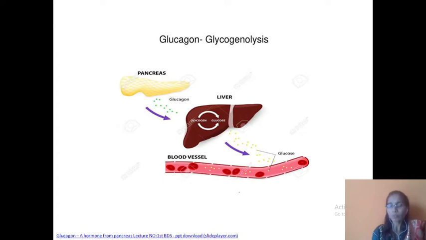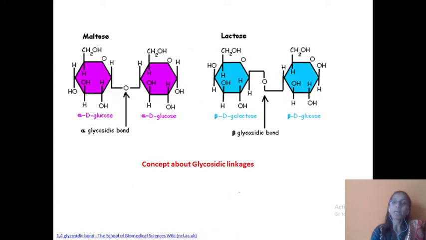So what is that suitable process? It is nothing but glycogenolysis. During the fasting condition, the body will prefer the pathway of glycogenolysis.